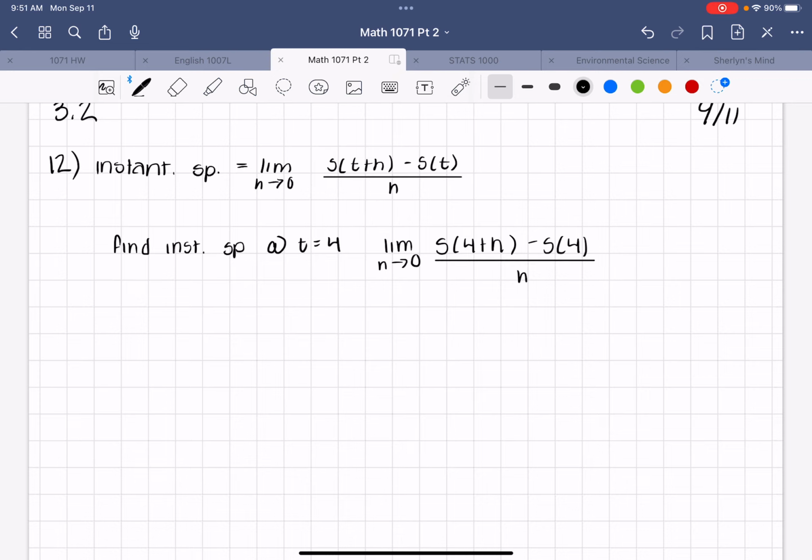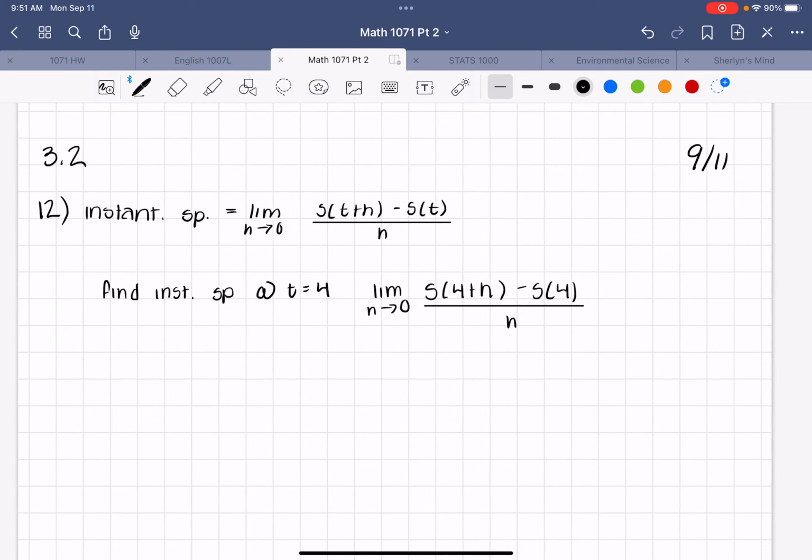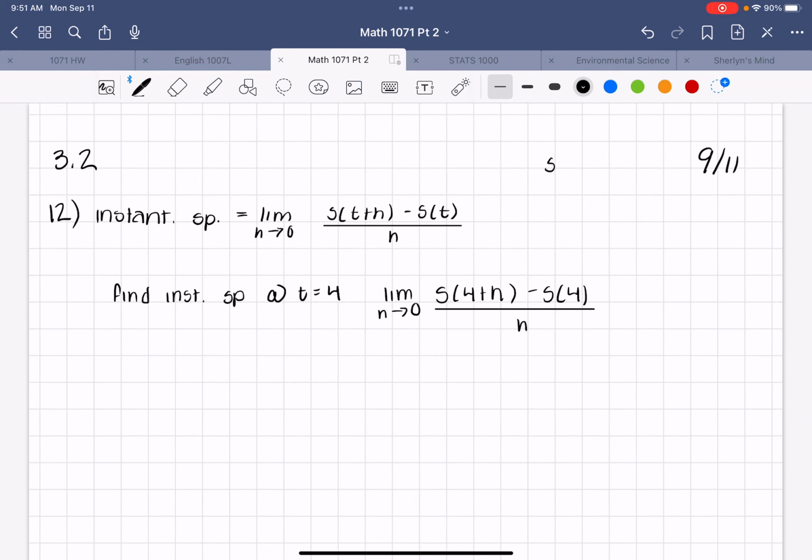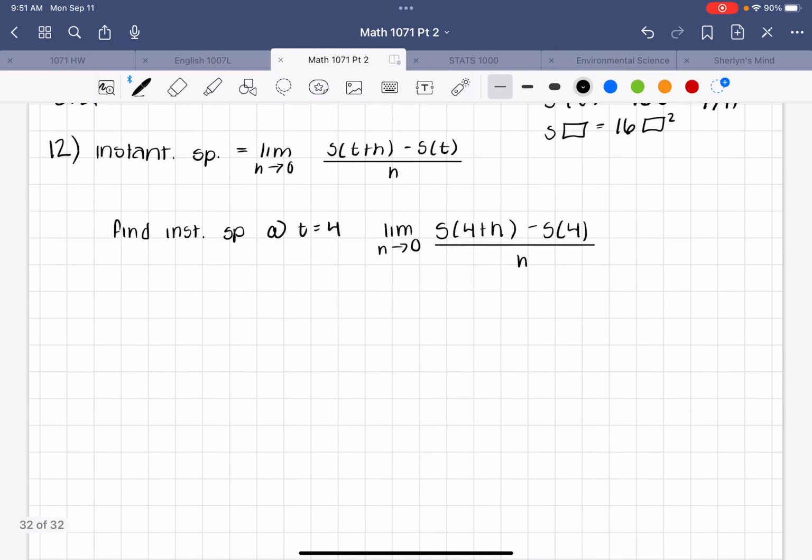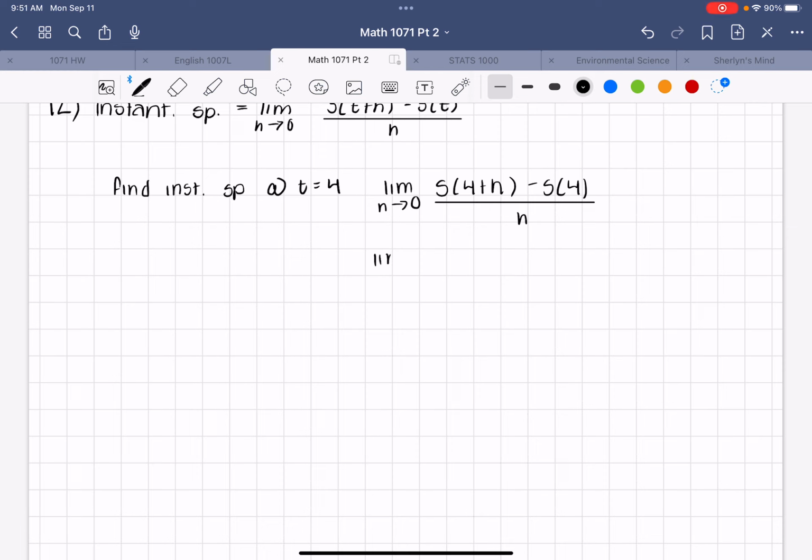And only if it helps, do boxes help? If not, forget it. If you apply s, it's 16 box squared. This step is this step, minus the green, which usually people don't have a problem with because they're putting 4 in for t.